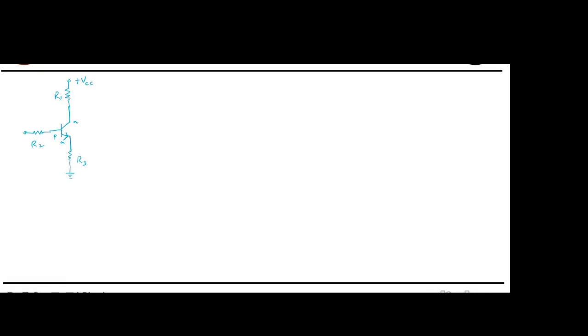Whenever there is any numerical based on a transistor with some resistor or capacitor, the first thing you have to do is, there are two parts which are very commonly used. I'll call them part A and part B. Can you see this part?